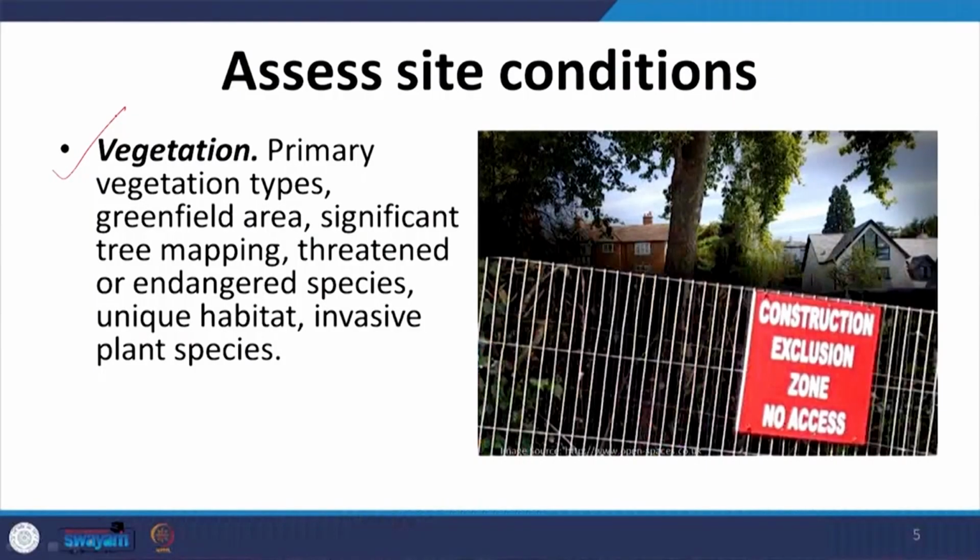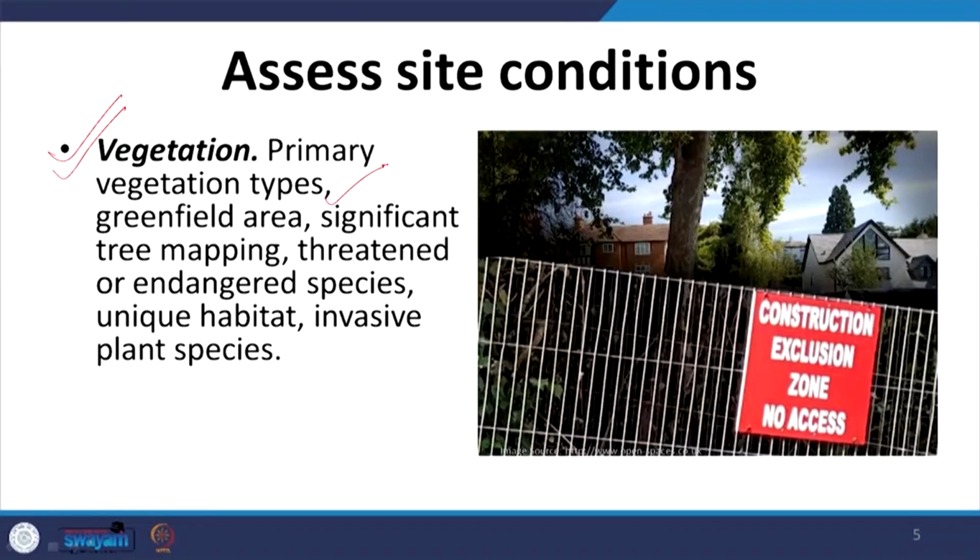After this, we also have to assess the vegetation which is present, because we are talking about sustainable site development, and at no given point of time should we be compromising on or exploiting the natural resources which are present, and vegetation is one very important resource. So, we have to know what are the different types of vegetation which is present, how much of the greenfield area is there.